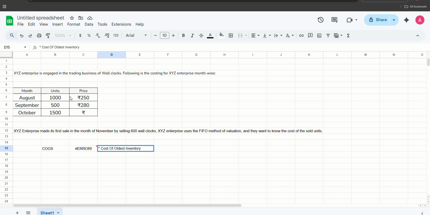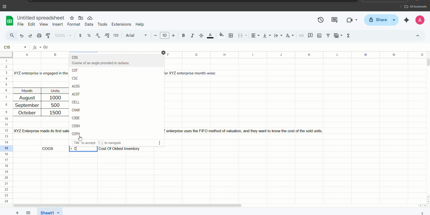From this table I can easily find out that in August 1000 units entered into my stock. So units sold.